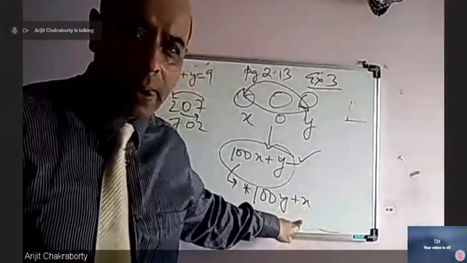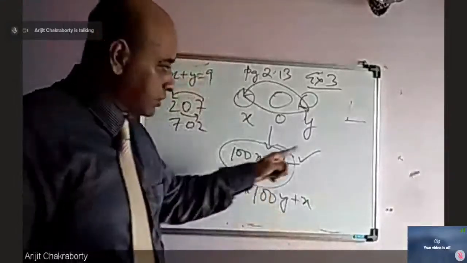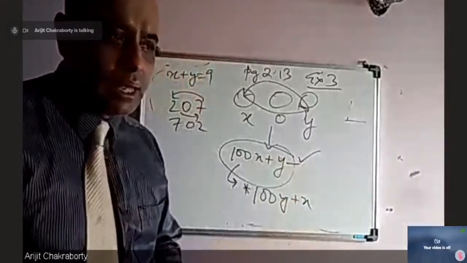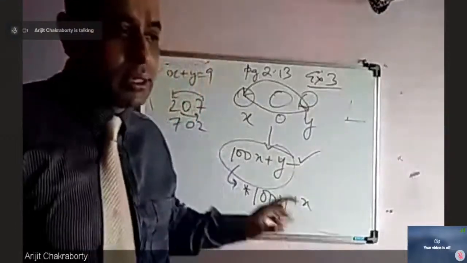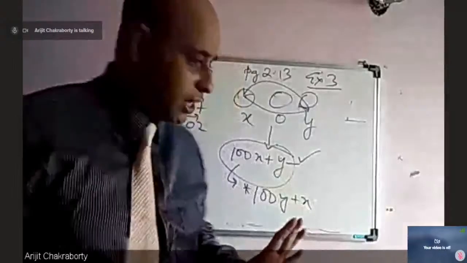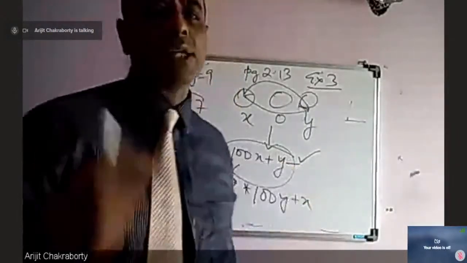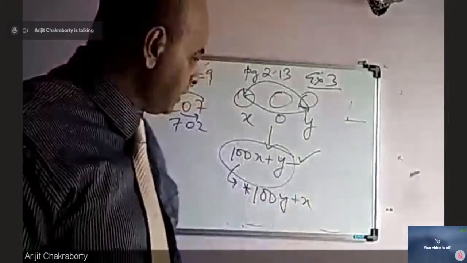This is the second point. I hope you are clear with this, why we have done this. So this is the original number, this is the new number, and it says that the number formed by interchanging the first and third digit, the new number is more than the old number by 297. Right?